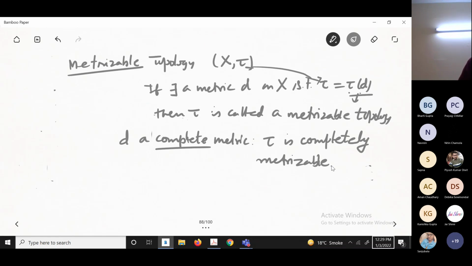So in discrete topology, I have done everything, for example, 5 examples. For all these examples, you should read. In fact, I told you about comparable topologies.